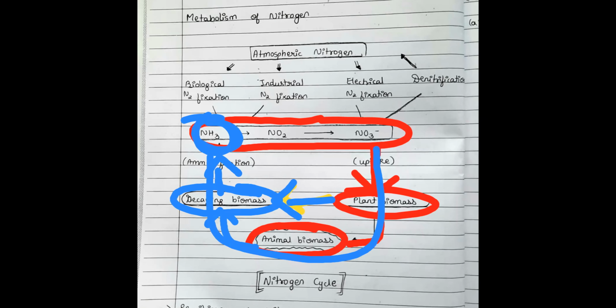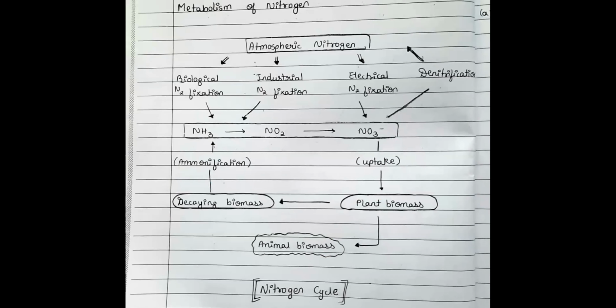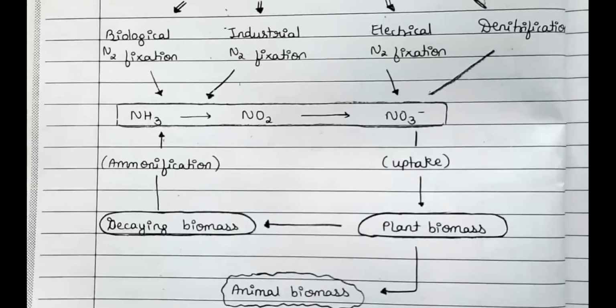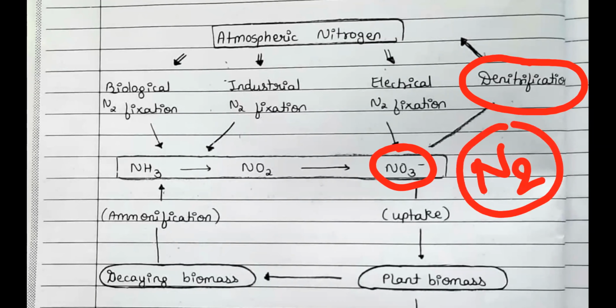Now one thing is there. Can you make out this thing? That's the nitrate, right? Over here the word given is denitrification, meaning from the nitrate, nitrogen is released into the atmosphere.